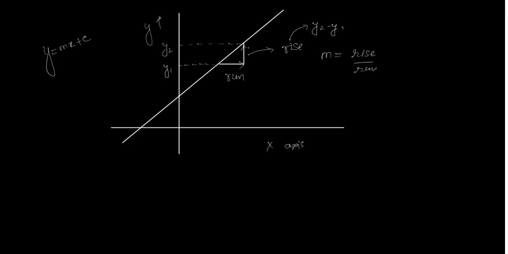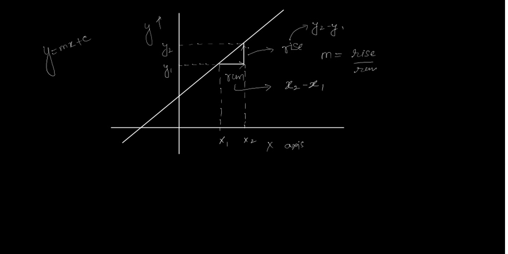And run is, let us suppose this was x1 and this is x2, just two coordinates. So run is nothing but x2 minus x1 also. Okay.